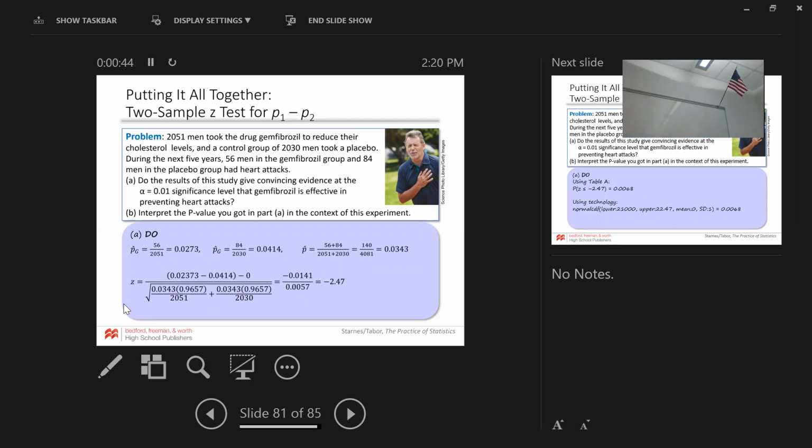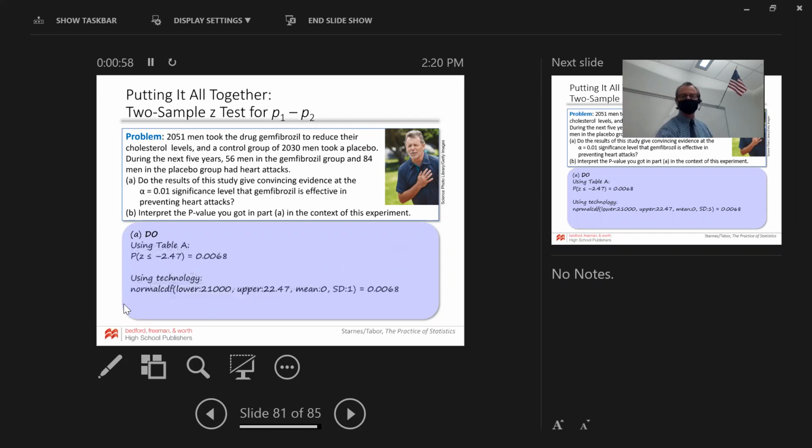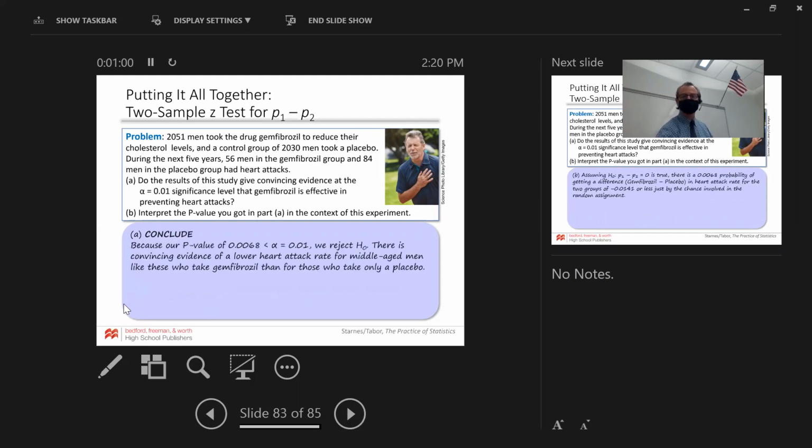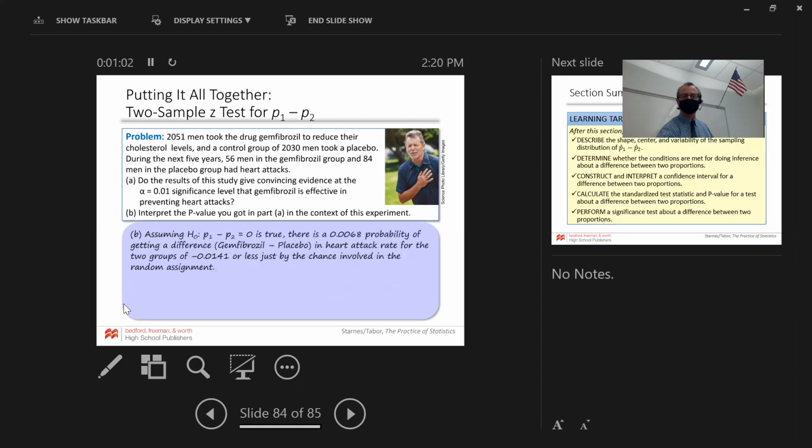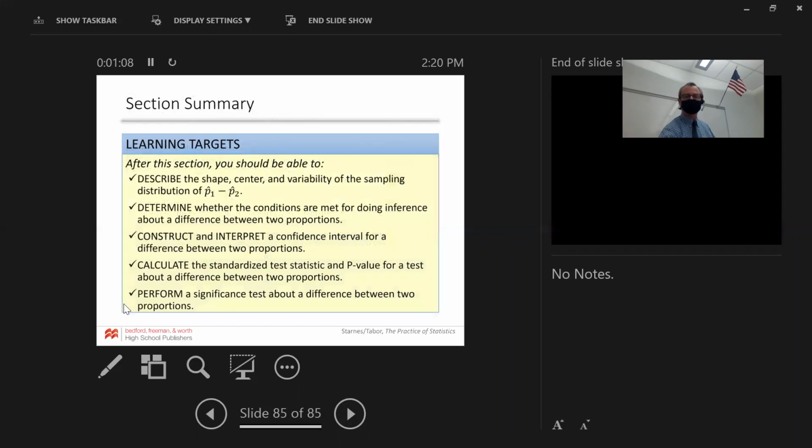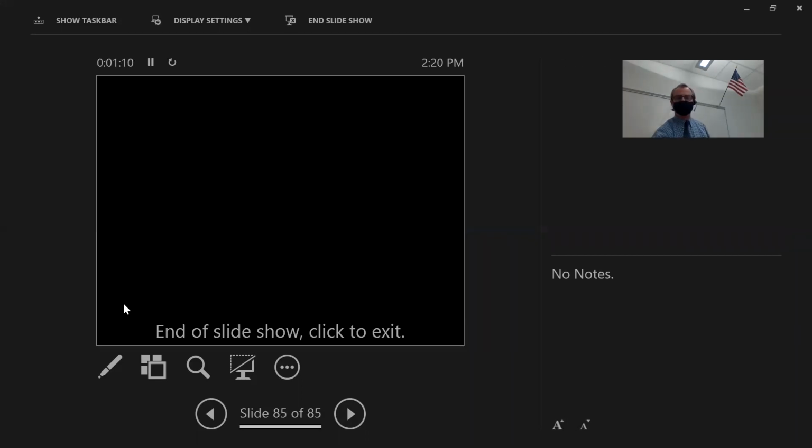Test 6 does it for you, but you have to know what it's doing, because College Board recognizes that you are going to use a calculator. So they're going to word the prompt so they can tell whether you know what you're doing or just pushing buttons. Reject the null. There is evidence that this stuff works, okay?